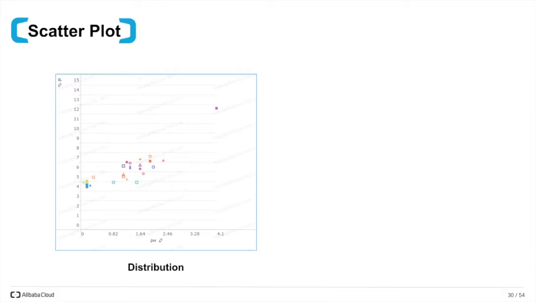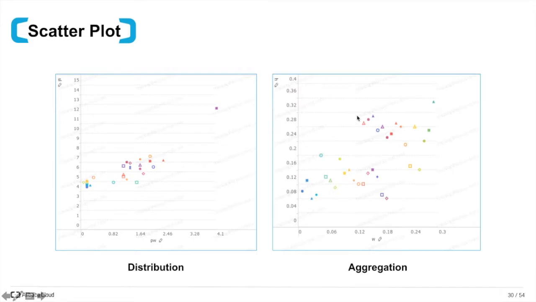From this example, you can see almost all the data are accumulated in a very near correlation, but there's one special point sitting far from the others, which gives us some insight about the distribution of your data sets. But if your data looks like this, it gives you an insight into how the data aggregates.